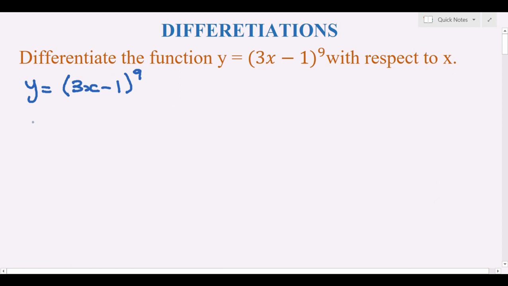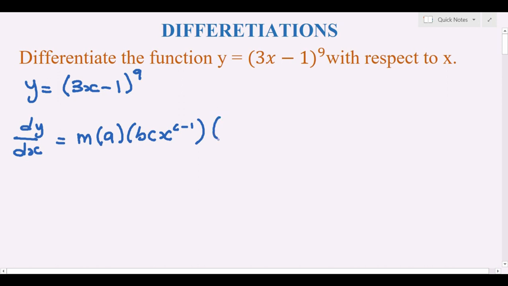And I said that if this is a function like this, dy/dx will give us m into a into bc x raised to the power c minus 1, all into (bx raised to the power c plus d) all raised to the power m.